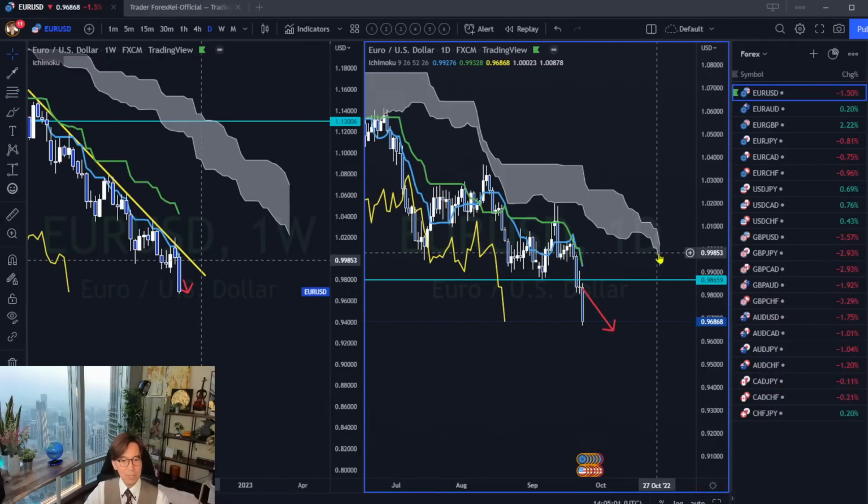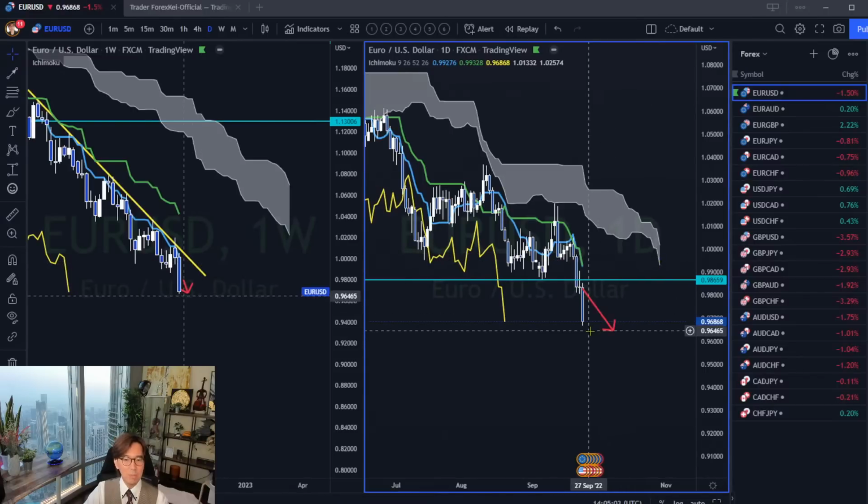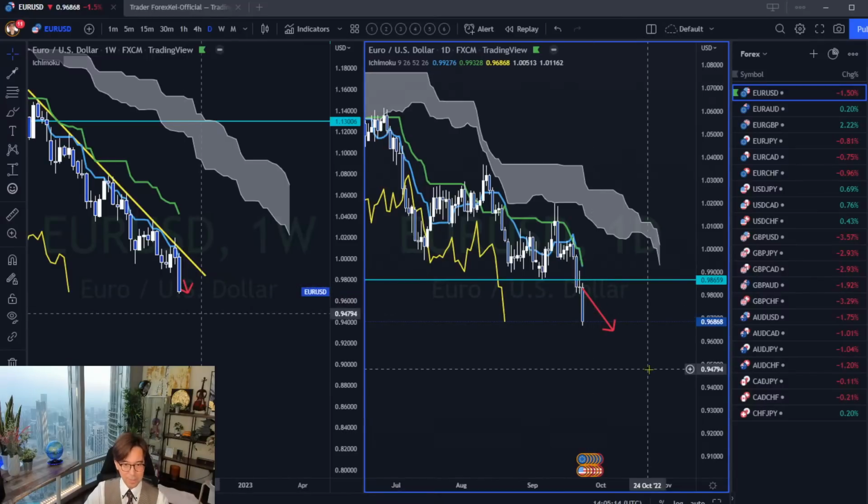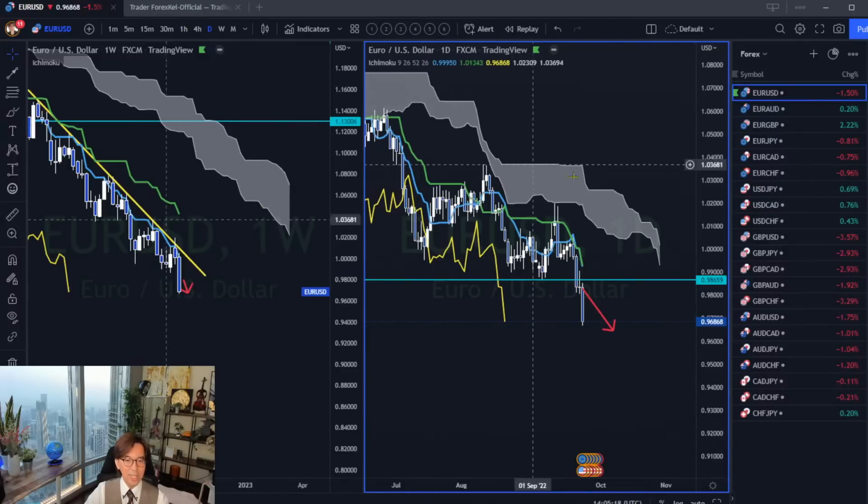So that means next Monday, Tuesday, it may retrace. So just watch out for the retracement. If you're not confident, then wait for the retracement to happen and then sell afterwards. But Euro USD is down on both the weekly and daily, so I continuously sell.